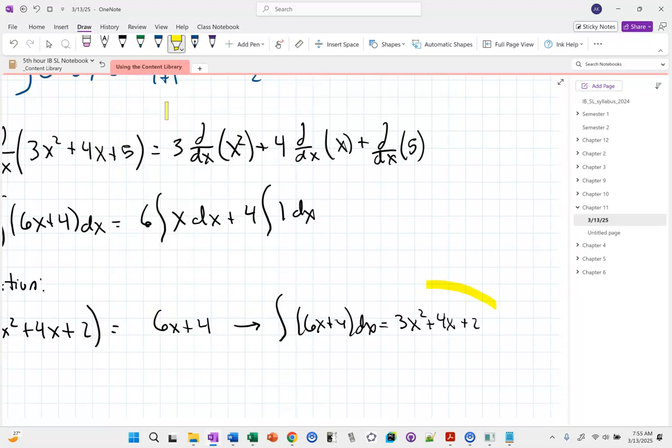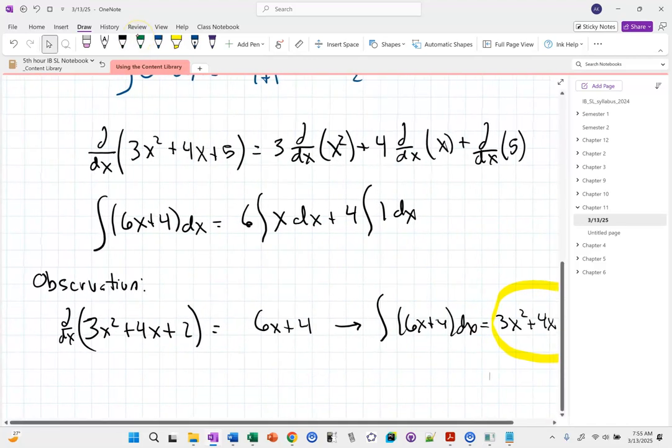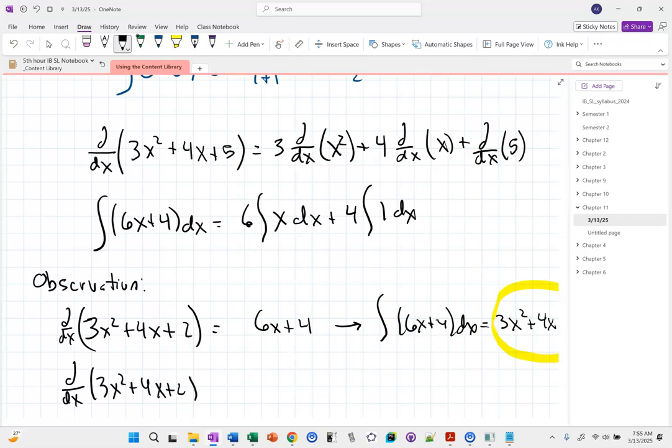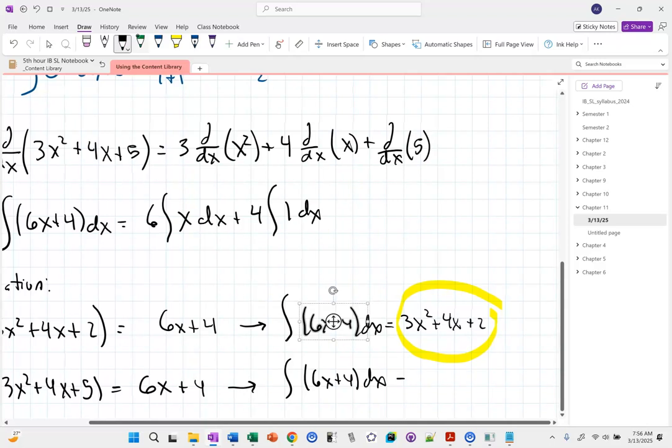Ruh-roh. Because before in our previous example, we saw that when we did the derivative of 3x squared plus 4x plus 5, that also is, oops, I was supposed to write a 5 there, 6x plus 4, which would tell us that the integral of that should also be 3x squared plus 4x plus 5.